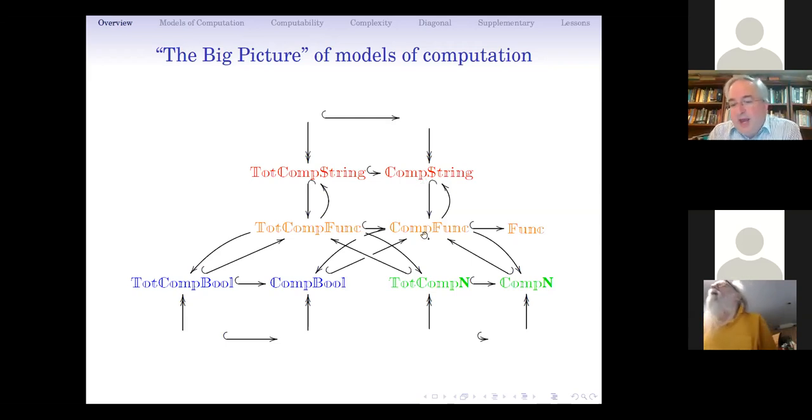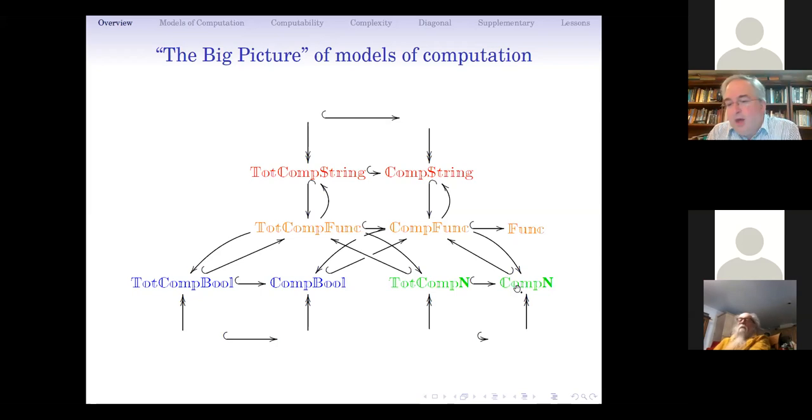A subcategory of computable functions is computable functions where the types are only powers of strings. In other words, string, cross string, cross string, et cetera. Those are powers of strings. So it fits in there nicely.